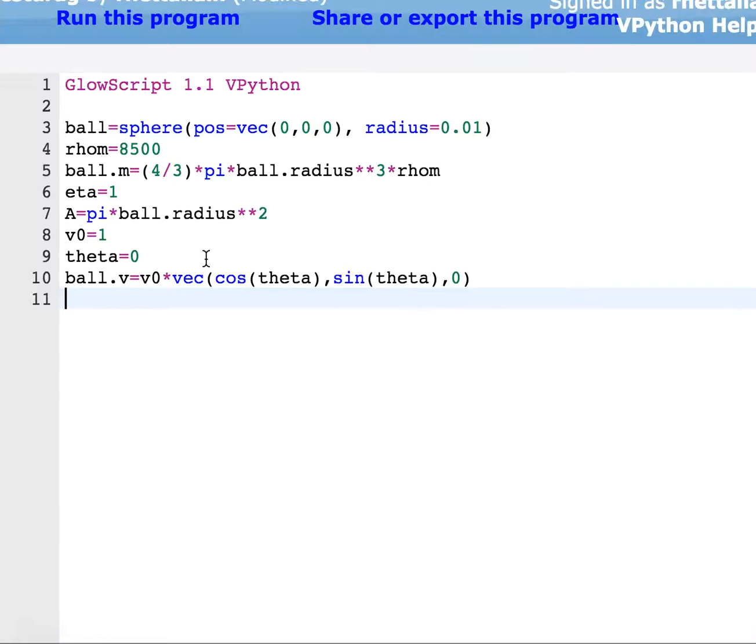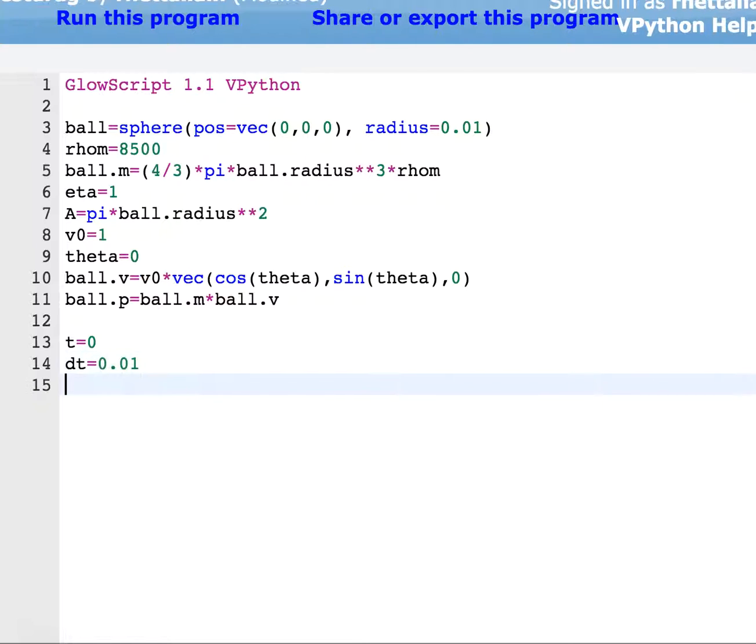Okay. The other thing I want to do when I deal with numerical calculations, I prefer to deal with momentum. So I'm going to say ball.p, the momentum, is ball.m times ball.v. Finally, I need t equals 0, dt equals 0.01, and that's it.